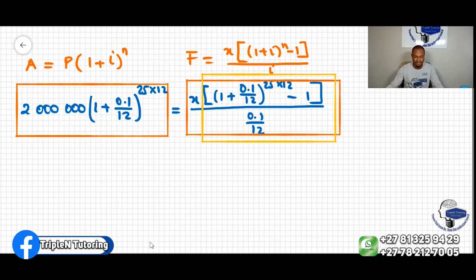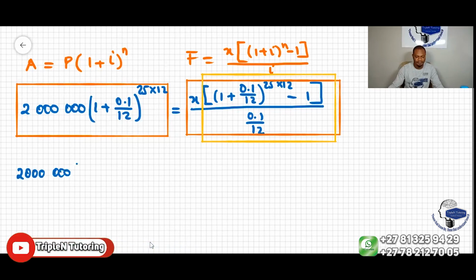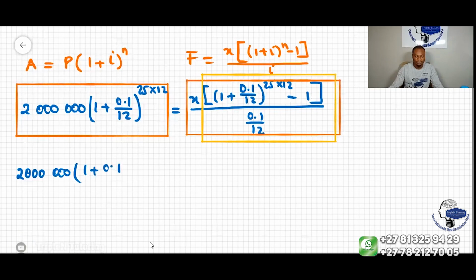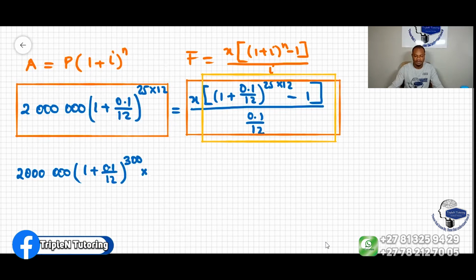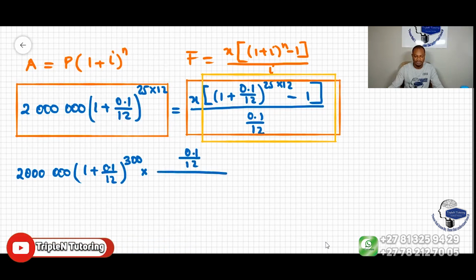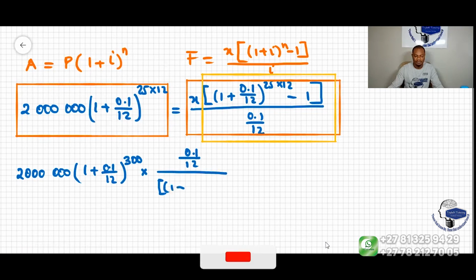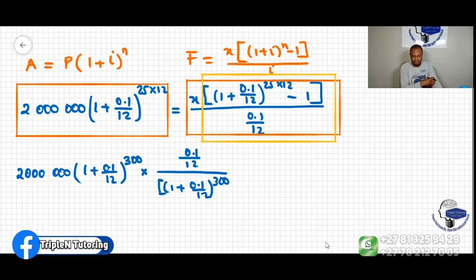So it's going to be 2 million times (1 plus 0.1 over 12) to the power of 300, times 0.1 over 12, all over (1 plus 0.1 over 12) to the power of 300 minus 1.